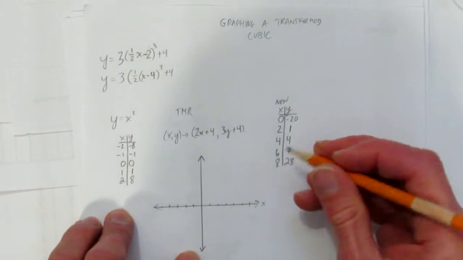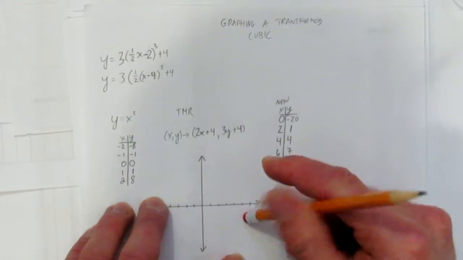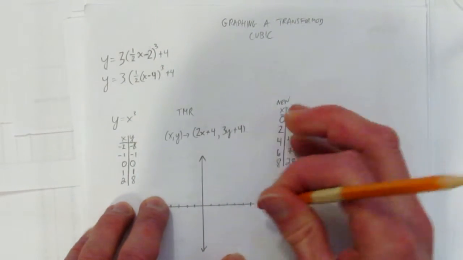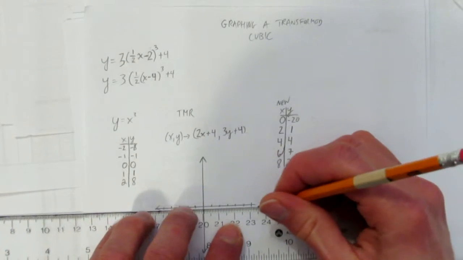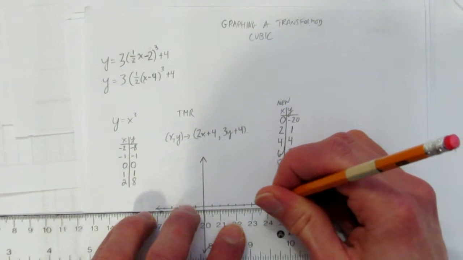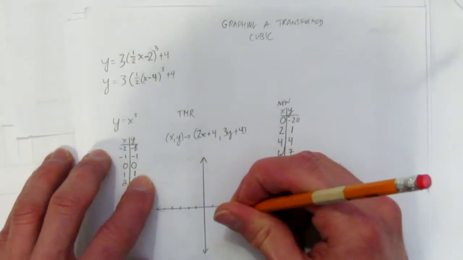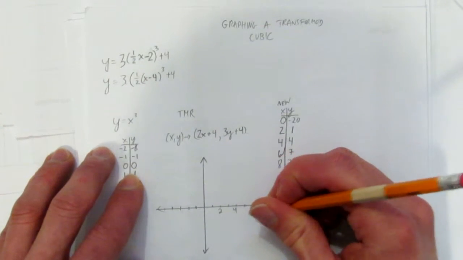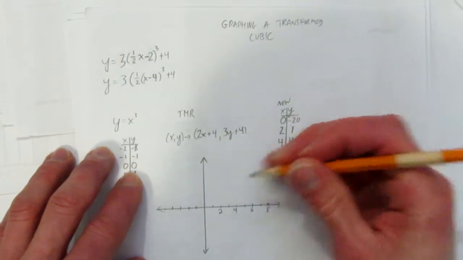So I need this to be 8. I think I'm going to extend it and I can make it nice and big. As I already have 6 there, I can make it just a little bit bigger. There we go. And add a couple more ticks in. Perfect. So now I got to label at least every second tick. 2, 4, 6, 8. And then for my y values, I need to get from negative 20 to 28.